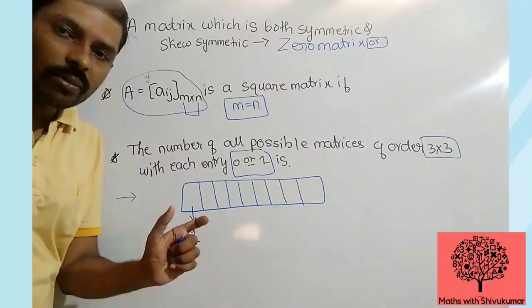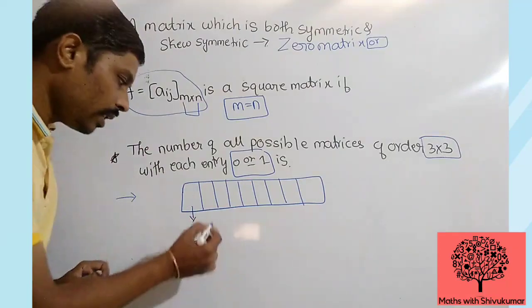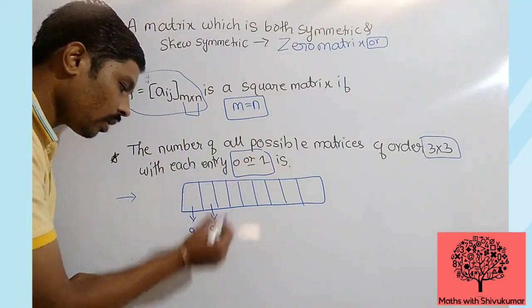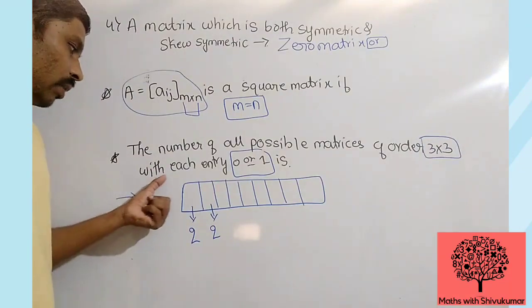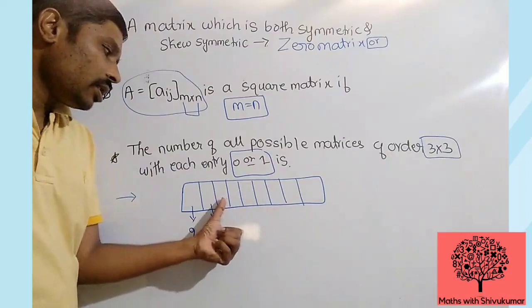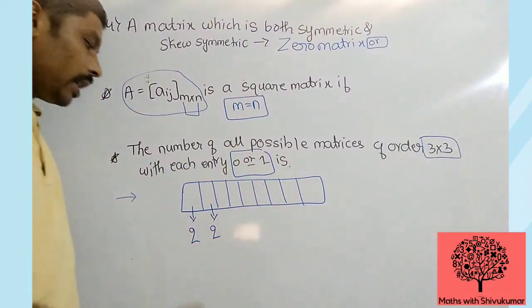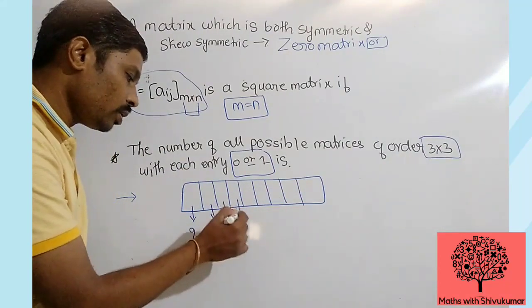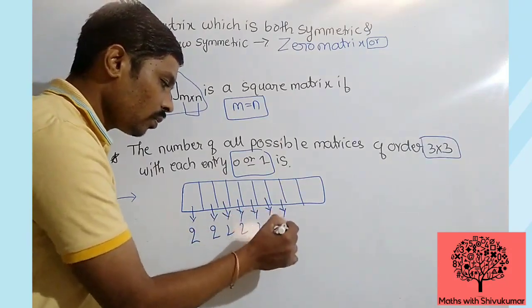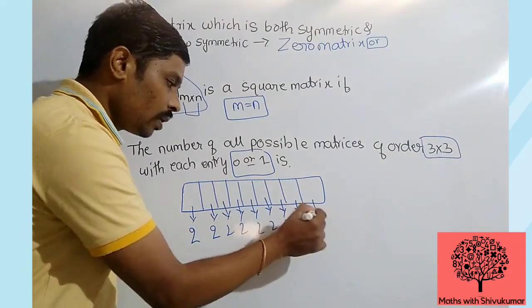Go for the second element. It can be filled in how many ways? Here also I can substitute 0 or 1, because they are mentioning each and every element is either 0 or 1. So total 9 places are there, each with 2 possibilities.